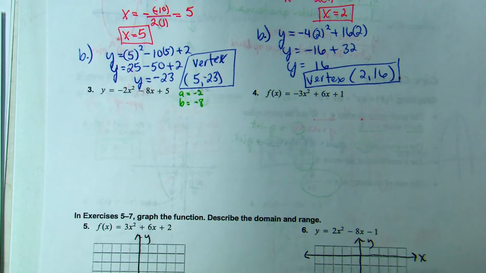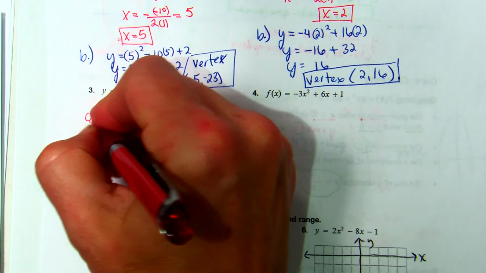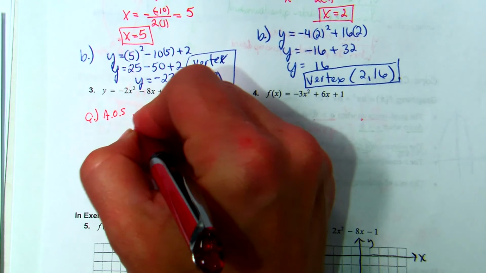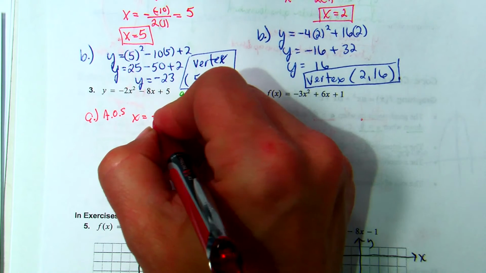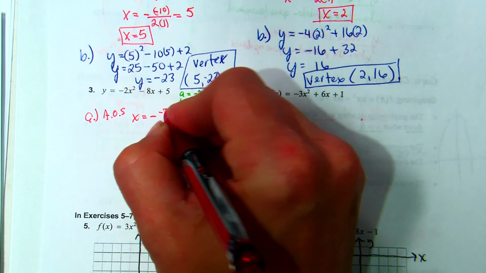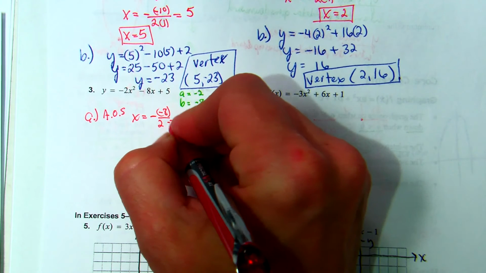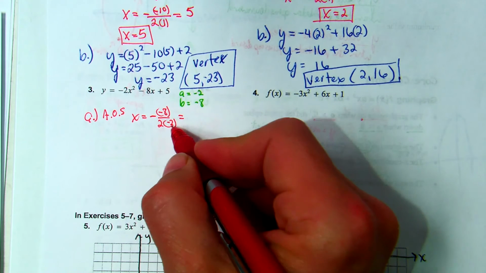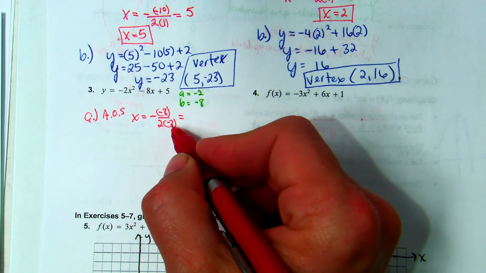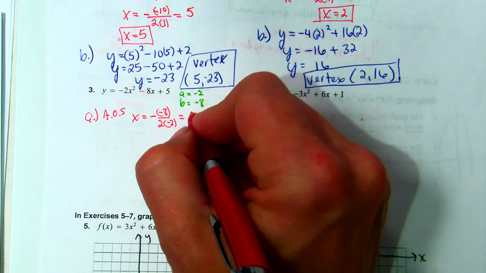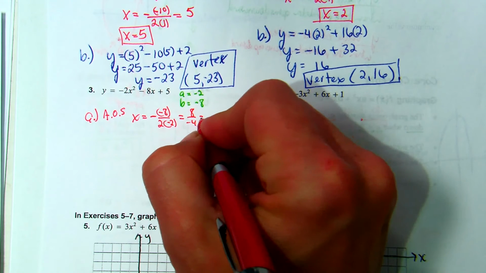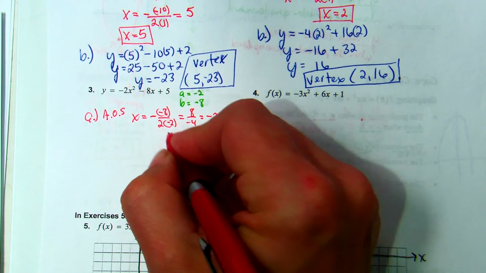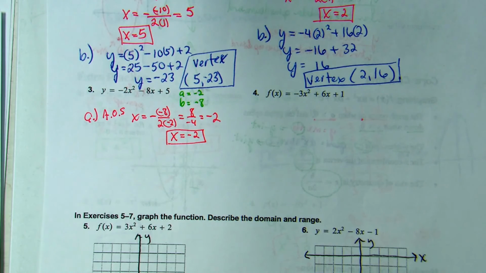So we'll plug those in for part A. Axis of symmetry is going to be x equals -8 over 2 times a -2. Well, that makes a +8 on top, but the bottom still stays a negative, and it's going to be a -4. So I'm going to have a +8 over a -4, which is going to give me a -2. So x equals -2 is my axis of symmetry.